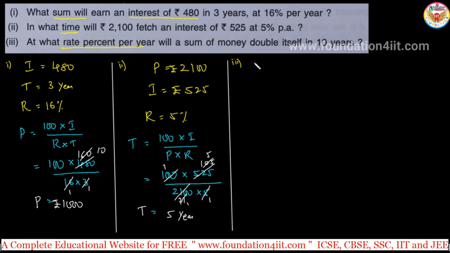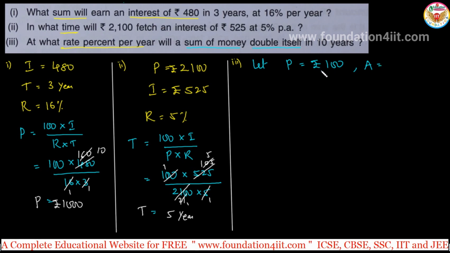You can do this in two ways: algebraic method, or just assume that P is rupees 100. For example, P is 100. According to the question, the sum doubles itself in 10 years. Then if the principal is 100, the amount should be double, so it must be 200. So let P be 100, then amount is 200.